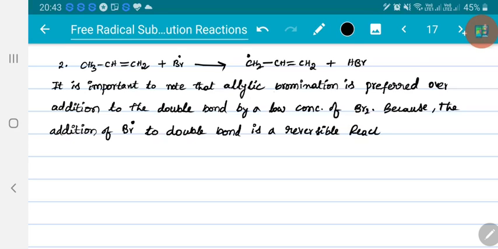So this is the reason why allylic bromination is preferred over addition reactions.